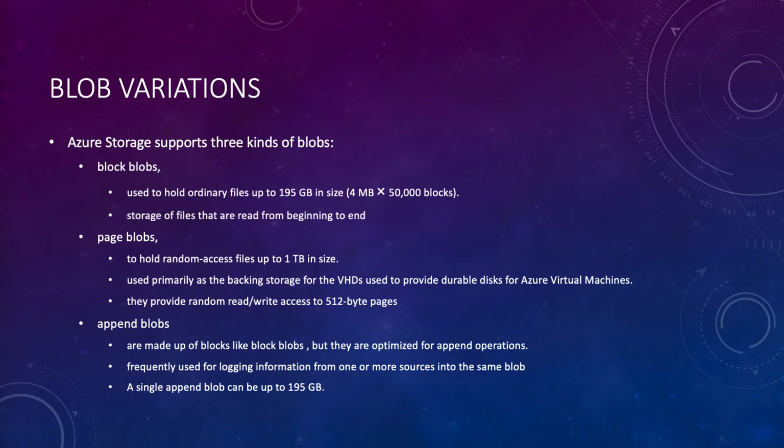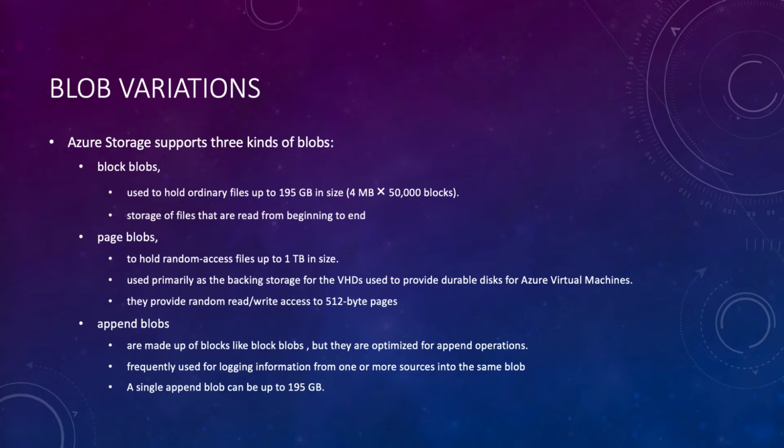Page blobs are used to hold random access files up to 1 terabyte in size. Page blobs are used primarily as the backing storage for the VHDs used to provide durable disks for Azure virtual machines, or Azure VMs, as we discussed in the past. The infrastructure as a service feature in Azure Compute basically takes a lot of advantage of page blobs.